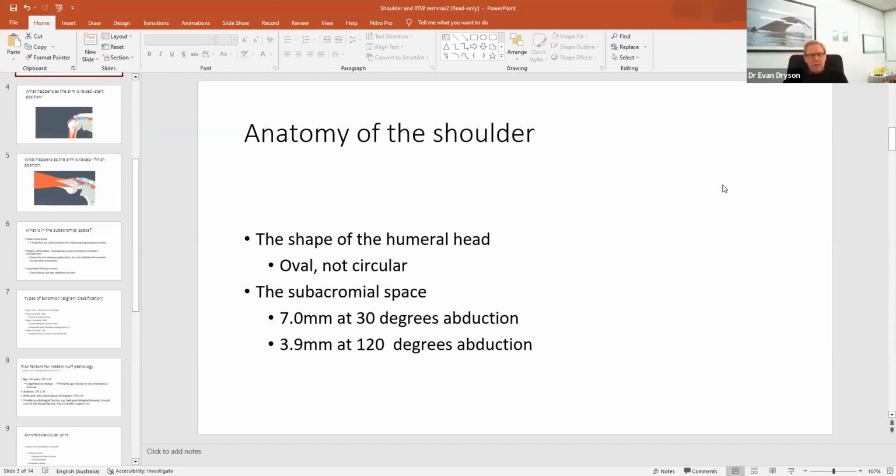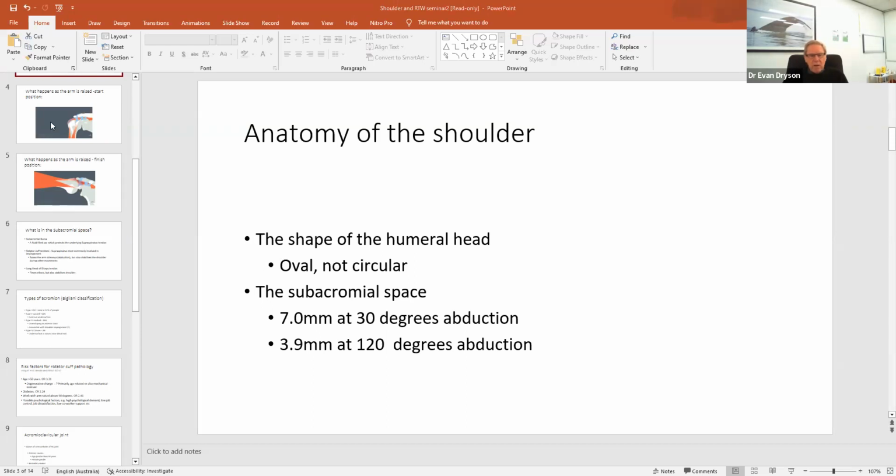So it's important to remember that the shape of the head of the humerus is not in fact circular. It's not a globe. It is in fact oval, and this has important effects on what happens when you actually move your shoulder joint.